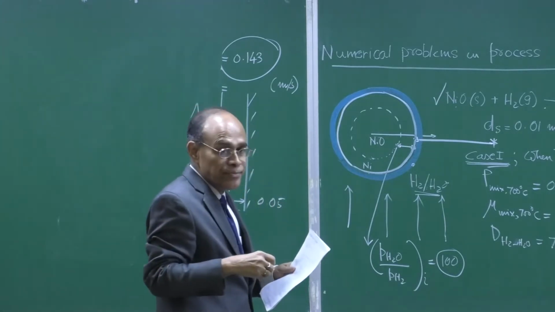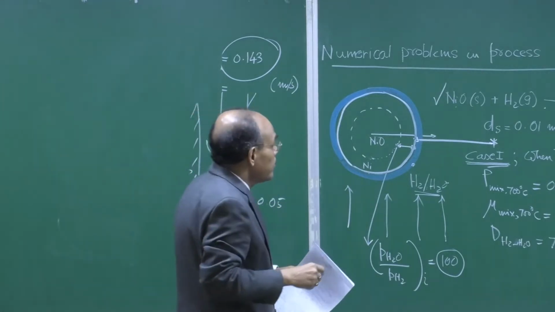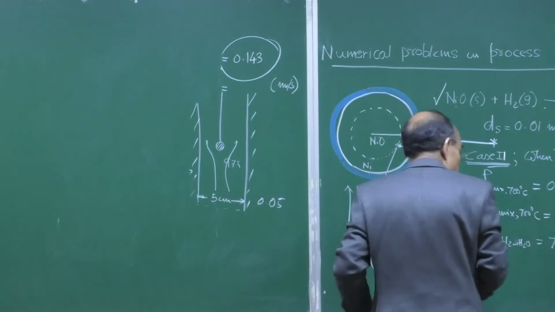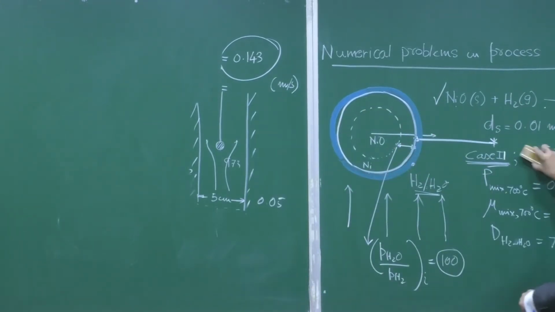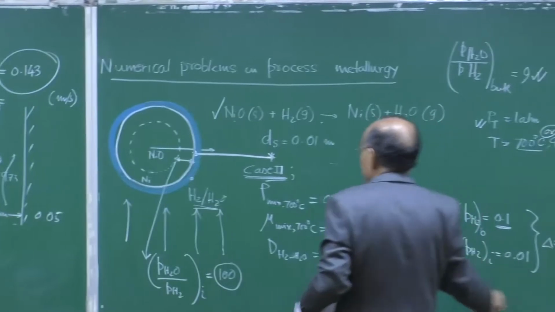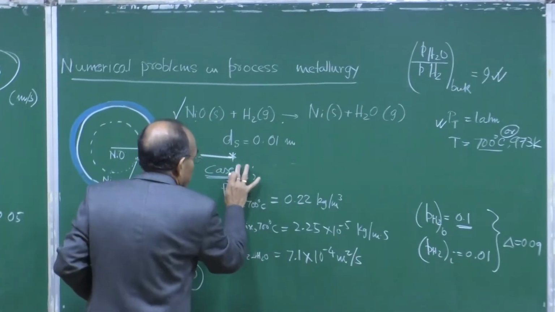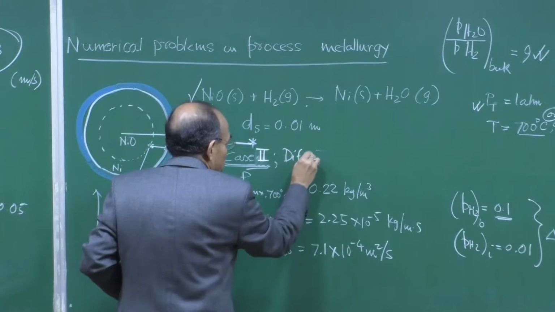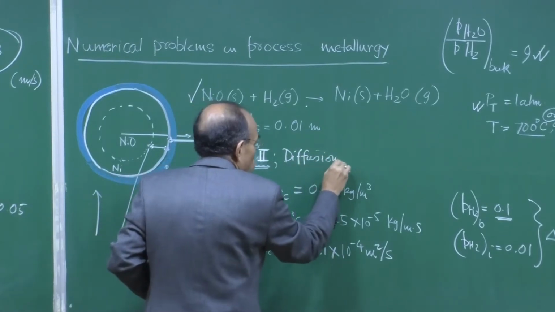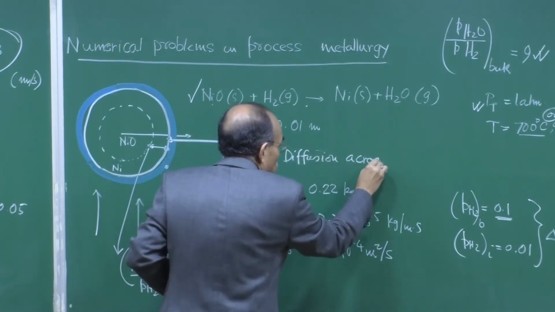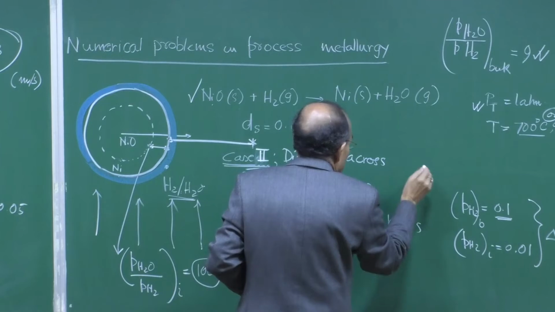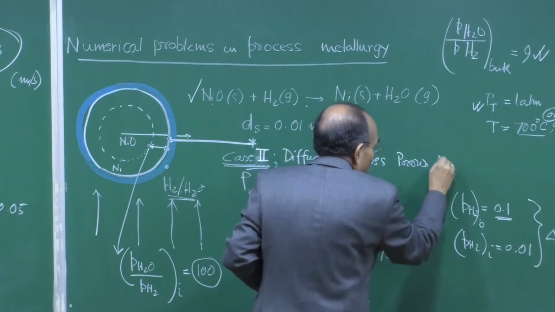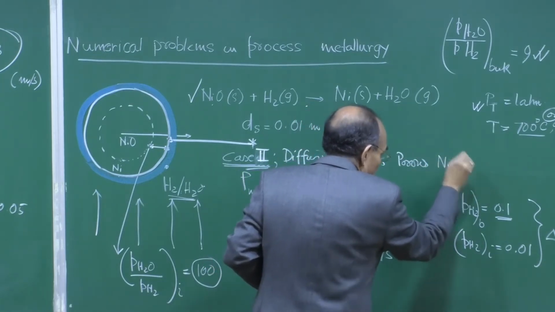On the other hand, when you assume case 2, that is, diffusion across the porous nickel layer is rate limiting. You know why I write porous, that should be clear to you.